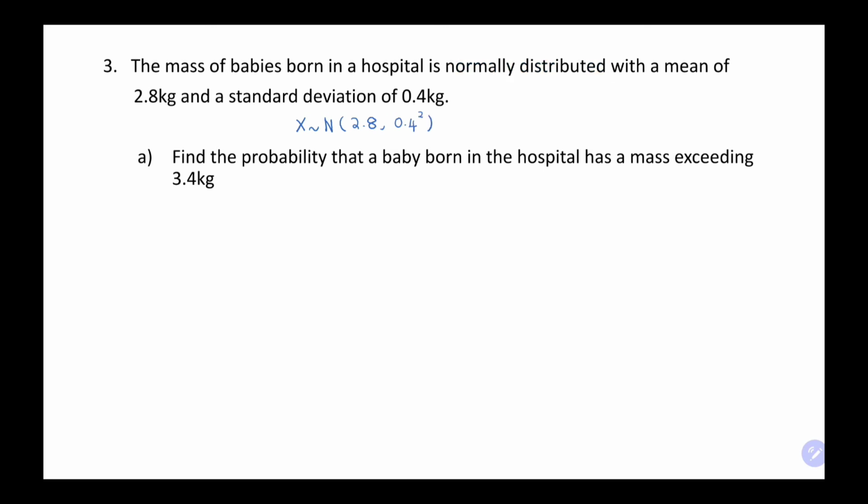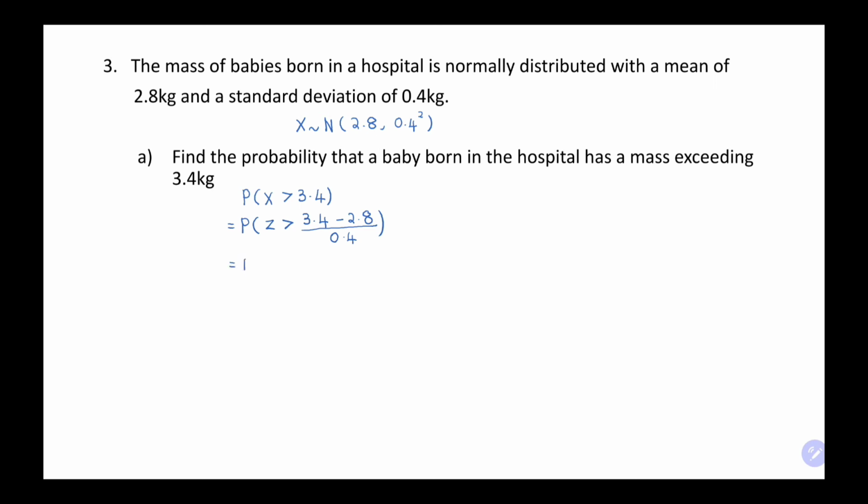Question A. Find the probability that a baby born in the hospital has a mass exceeding 3.4 kg. Exceeding means X greater than 3.4 kg. This is a normal question, so we change to Z. P(Z greater than (3.4 minus 2.8) divided by 0.4).